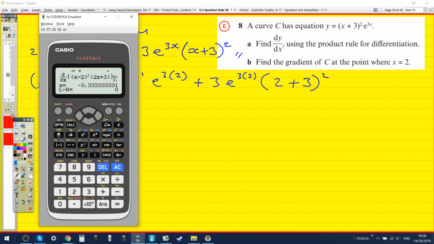I personally would just do the derivative of the original. You've gotten every possible method mark. They didn't say use your answer or show your working, but at this stage, it's very little extra work.